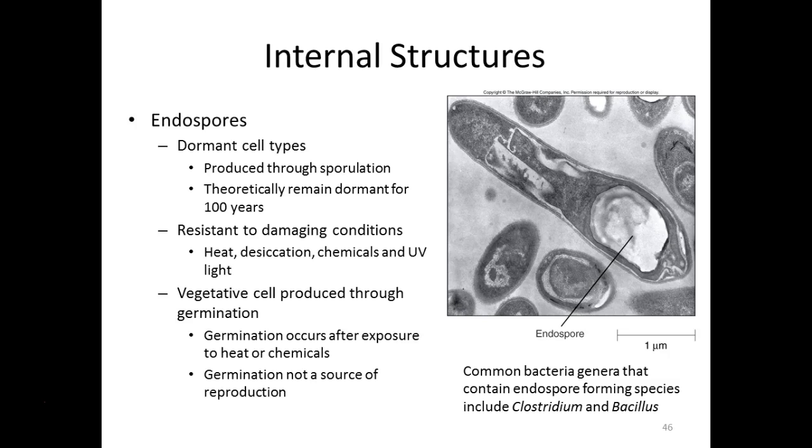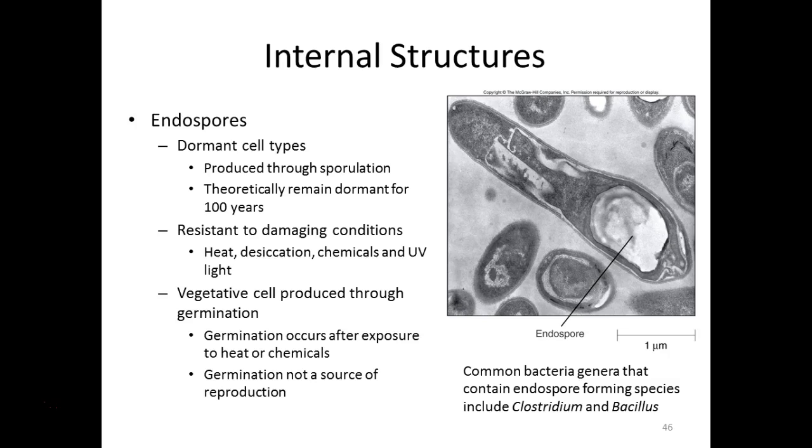Chemicals, as you guys will start learning about as we start doing that wiki assignment I showed you this morning. Most of the chemicals cannot disrupt that spore coat. Can't destroy those endospores. UV light doesn't penetrate far enough to damage the DNA. Can't get past that spore coat. So that leaves us very few ways of destroying these things.